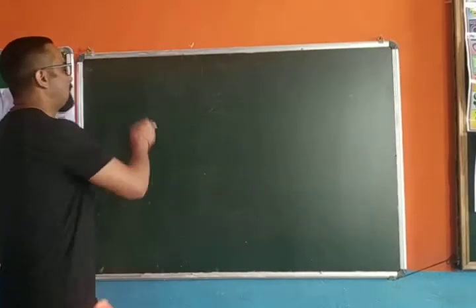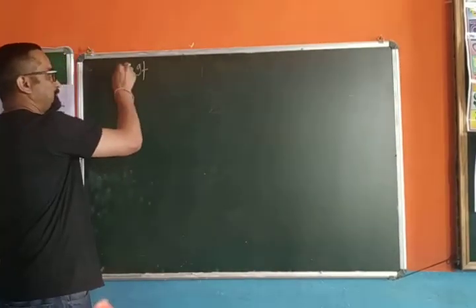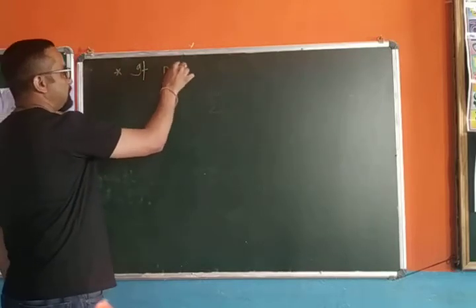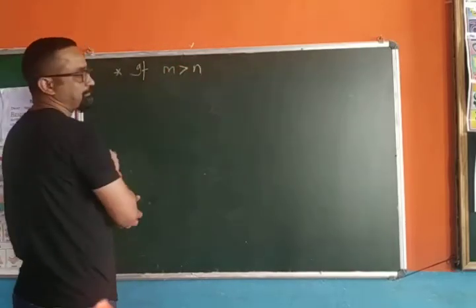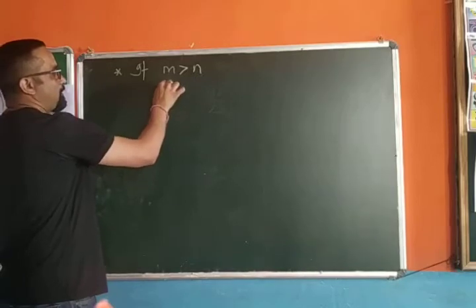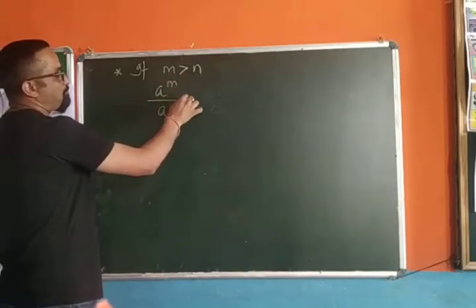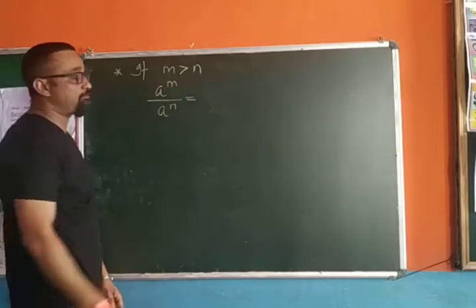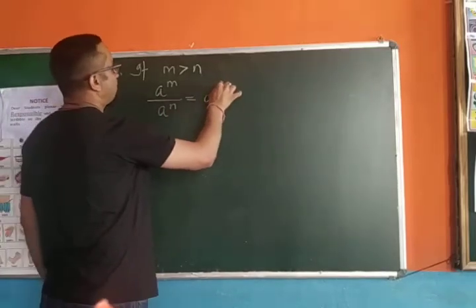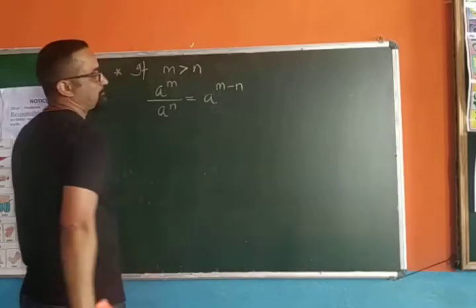The first one, if m is greater than n, a to the power of m divided by a to the power of n directly can be written as a to the power of m minus n.